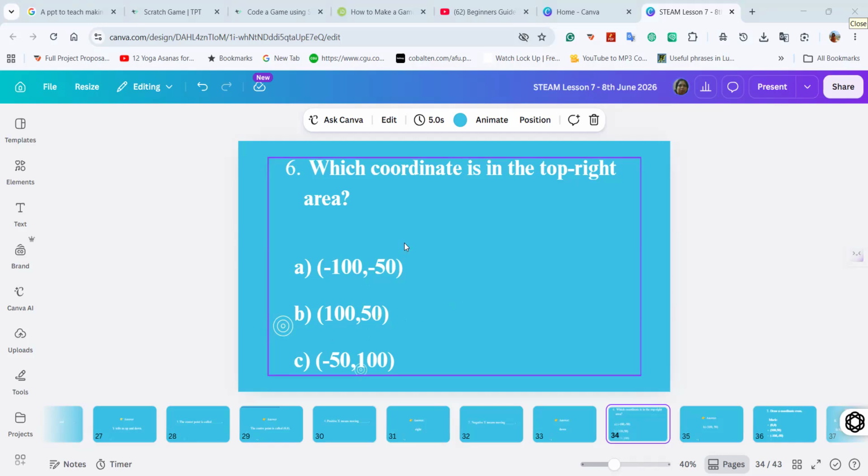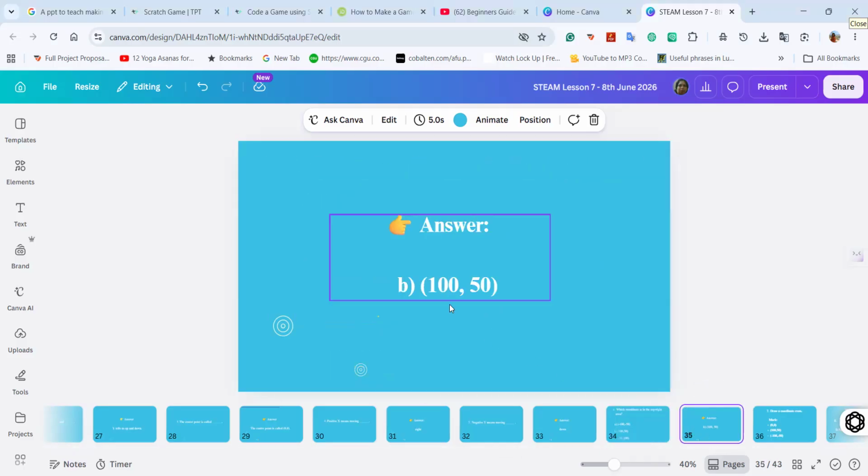So B, because it is top right. If you draw a plus sign and you see the right side, it is positive. Remember? So 150 is positive, so it has to be on the right, whereas minus 50 is on the left. Check your answer.